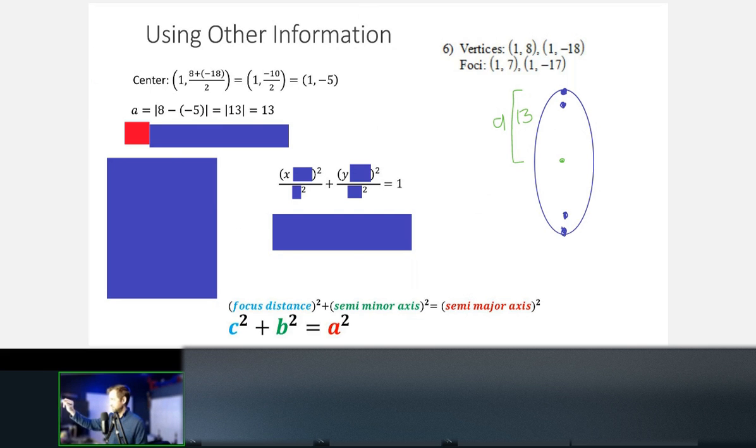We also need to find the C value, right? So the C value is the distance from the center to the focal point. And just like with our 2 vertices and finding your A value, you could have found that distance to give our C value, or we could have found the distance from focal point to focal point, and again, cut it in half. So there's really 2 ways to approach it, and it's really up to you.